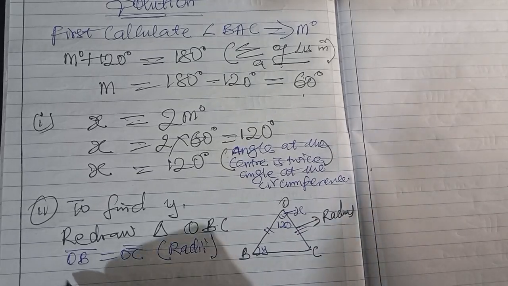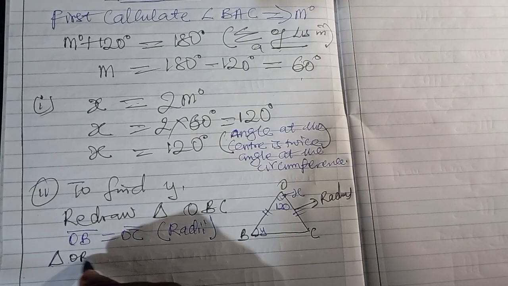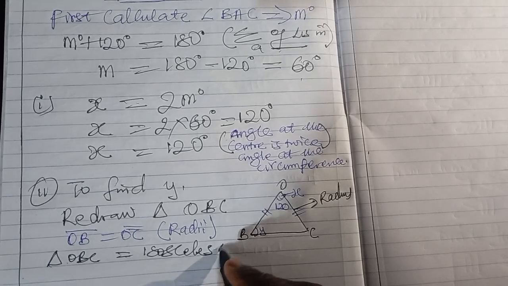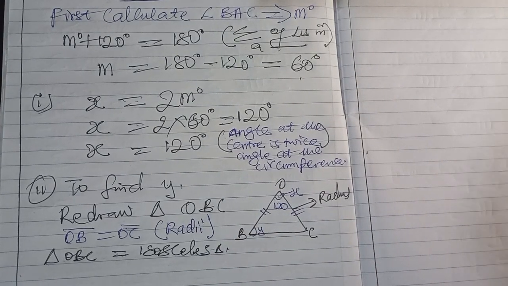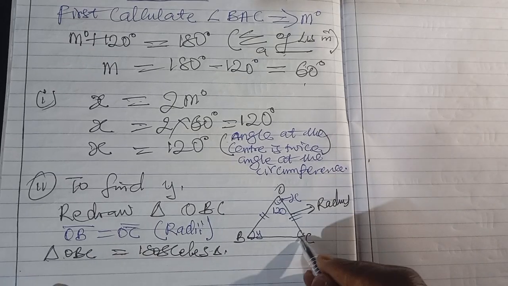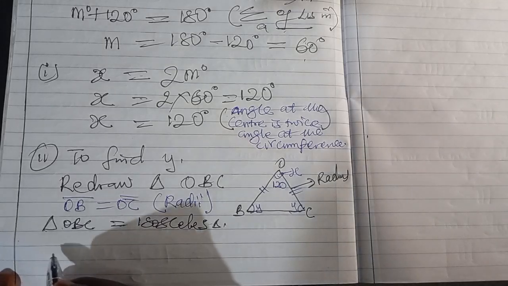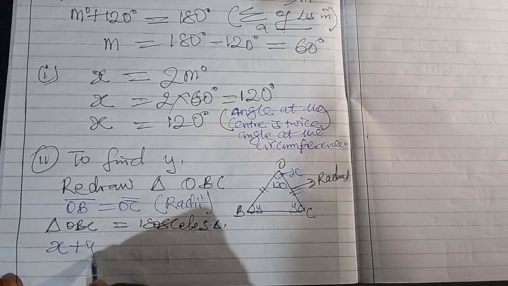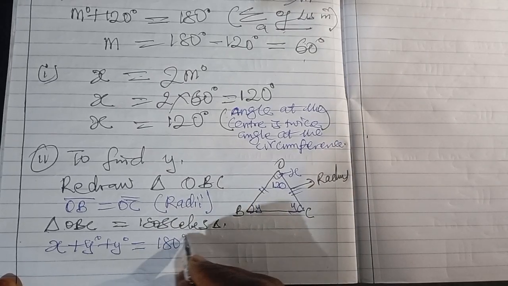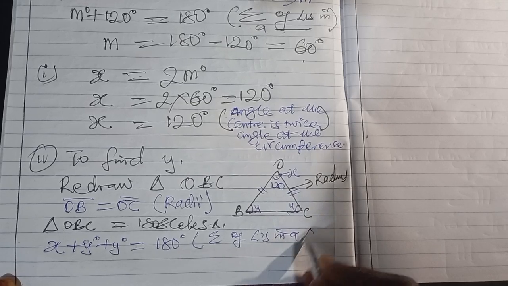If that is the case, that means triangle OBC is an isosceles triangle. So this is a base angle. If here is y, here also is y. That is, base angles are equal. Hence, we can now say x plus y plus y will give us 180 degrees, sum of angles in a triangle.